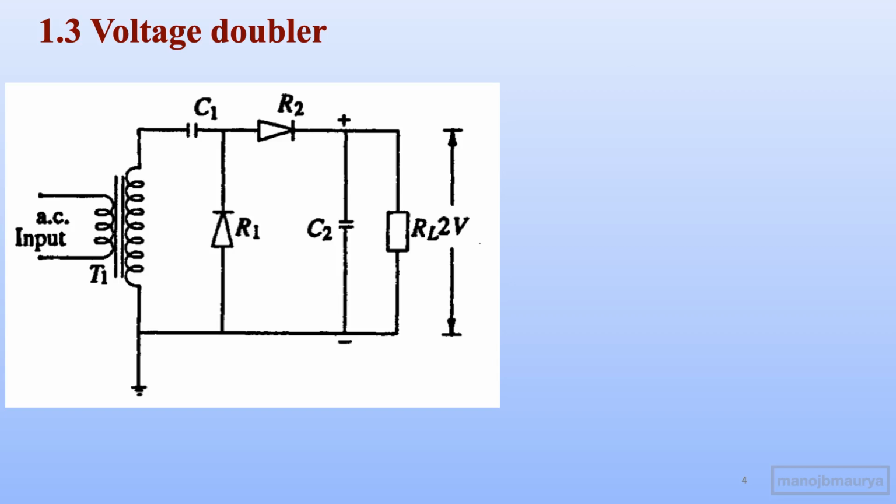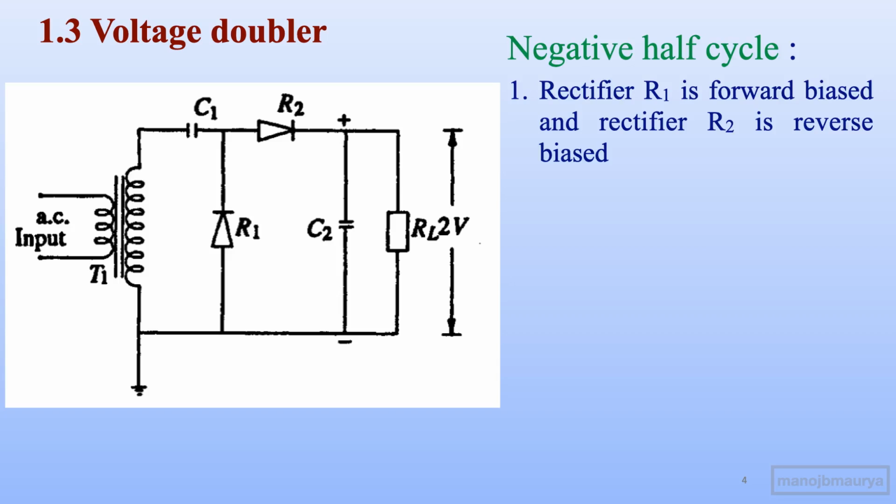In the steady state, during the negative half cycle, rectifier R1 will get forward biased and rectifier R2 will be reverse biased.